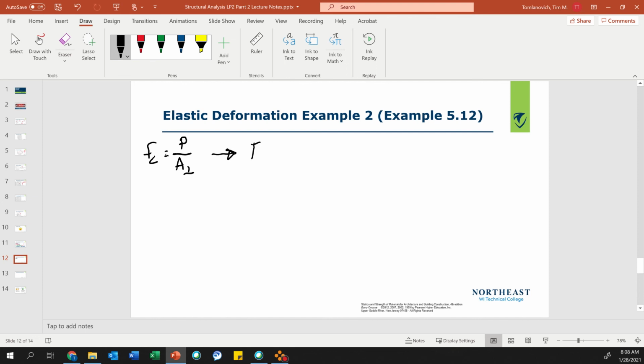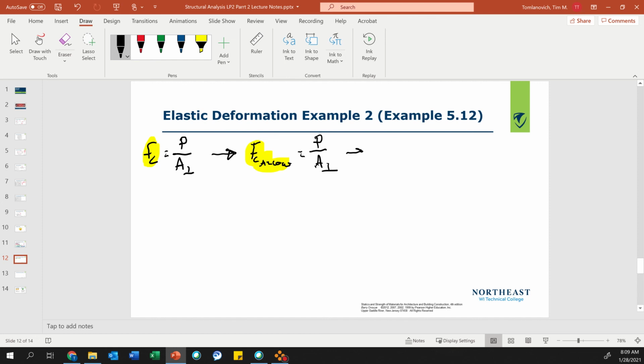We're going to go FC allow, the allowable stress. These two terms are interchangeable. Because now it gave me an allowable stress, but it's the same formula. Equals P divided by A perpendicular.